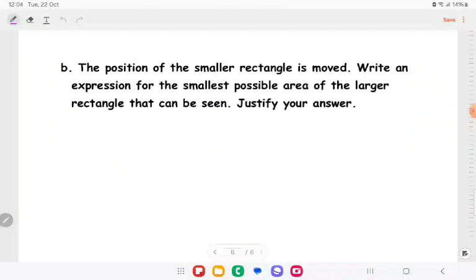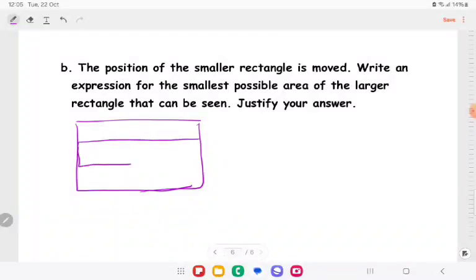Now, the B part says the position of the smaller rectangle is moved. Write an expression for the smallest possible area of the larger rectangle. So, if this is the larger rectangle, the smaller rectangle completely moves into the larger one.